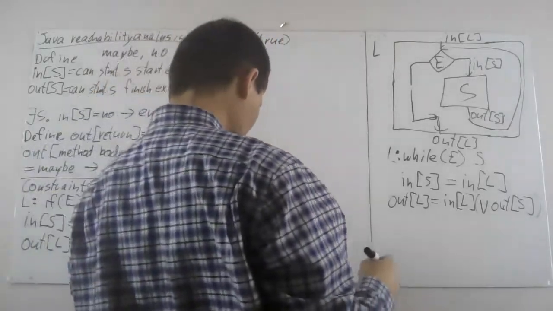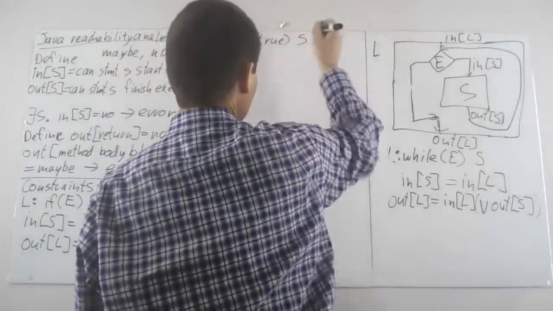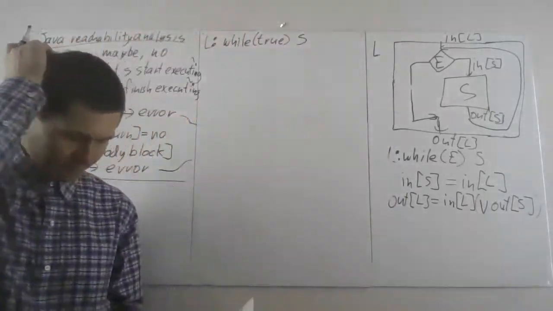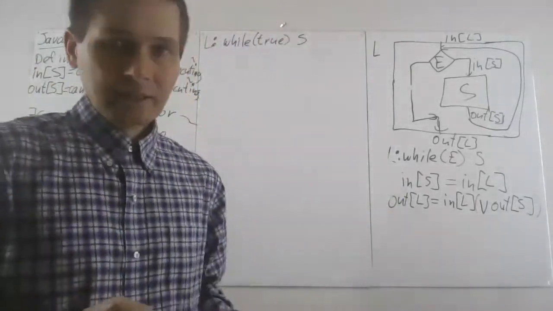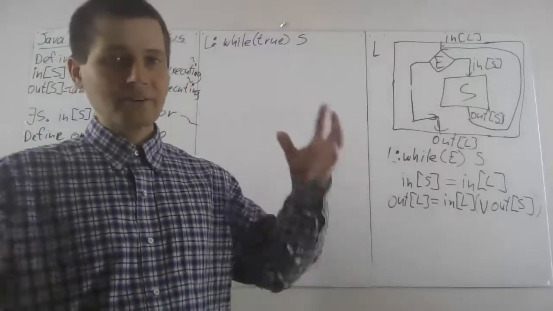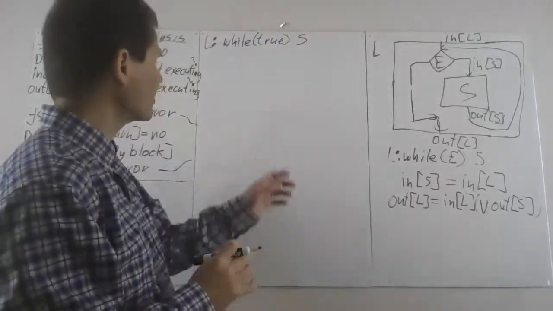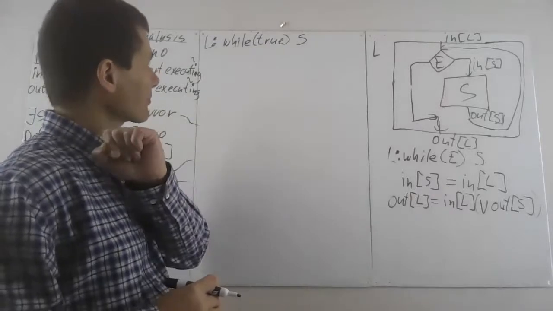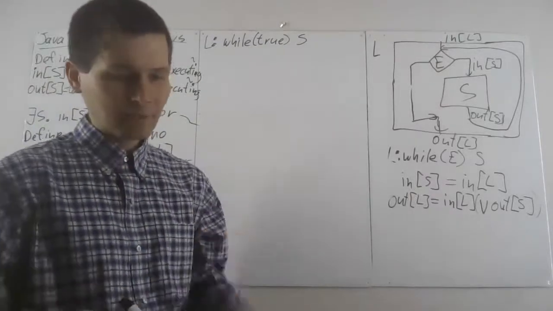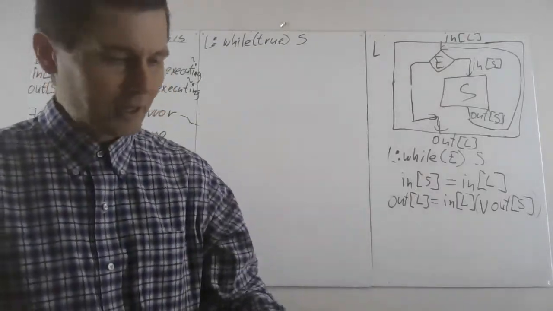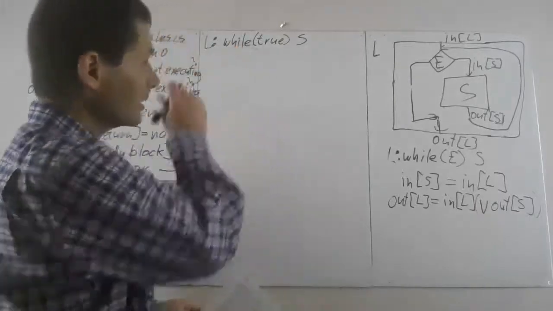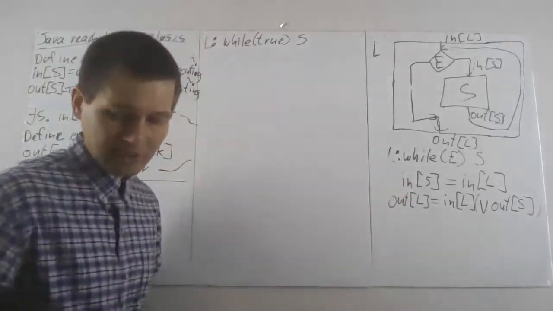So if I have a loop where the condition is true, say while true S, then the Java spec says that's an infinite loop. It's going to keep looping forever. And so here, the equations are actually going to be different.